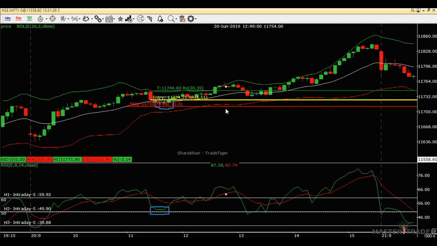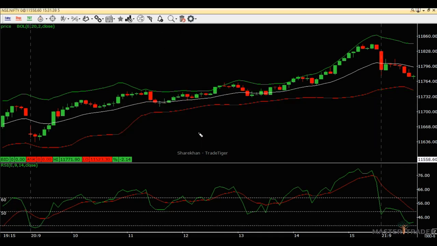You can keep trailing it until you see a major sell signal. You don't need to exit the trade, or you simply trail it as per your swing lows. So maybe you would exit here. Anyways, let's see the next trade.